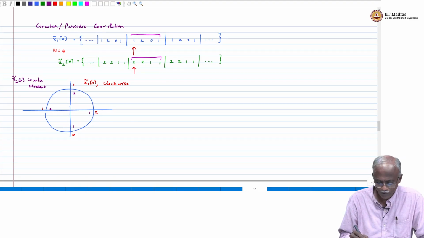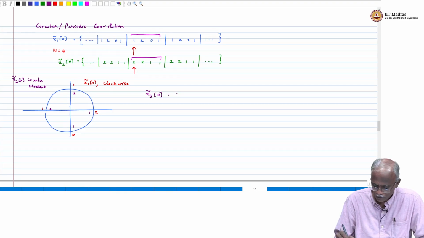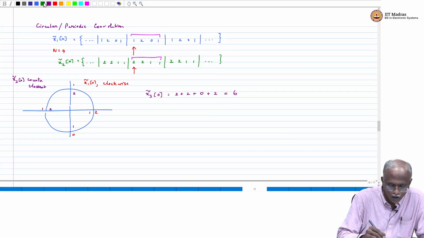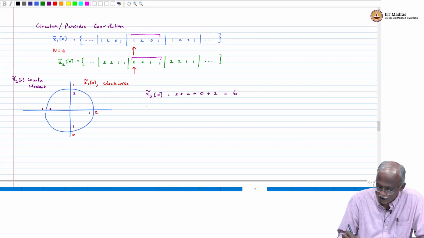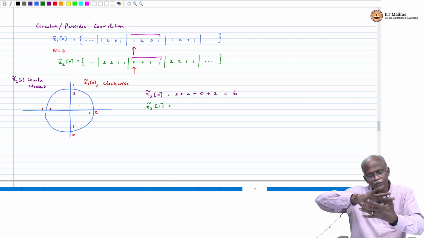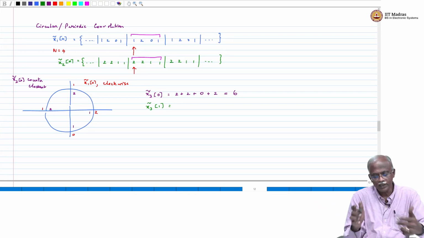Now obtain the product. The first term, x3 tilde of 0, will be 2 times 1 is 2, plus 2 times 1 is 2, 1 times 0 is 0, plus 2 times 1 is 2, so x3 of 0 equals 6. Now if you want x3 of 1, you visualize the inner circle as if you rotated it by 1 unit.